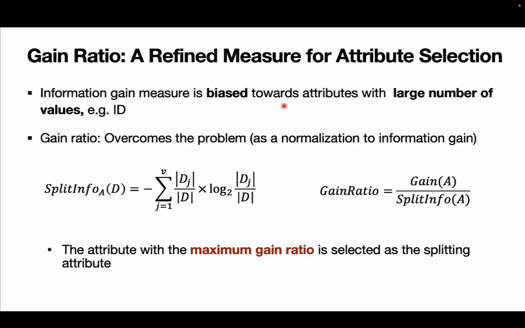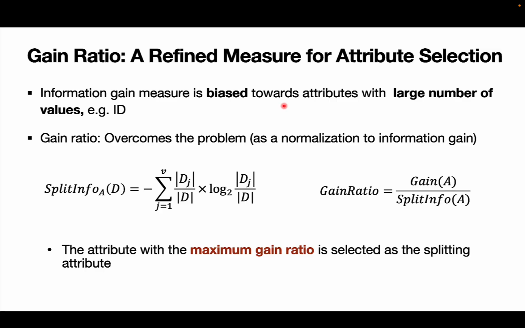Think about date and ID. From an information gain perspective, this looks ideal because each subset appears to be perfectly pure. However, this is misleading because now the data is being split into an excessive number of nearly empty groups.